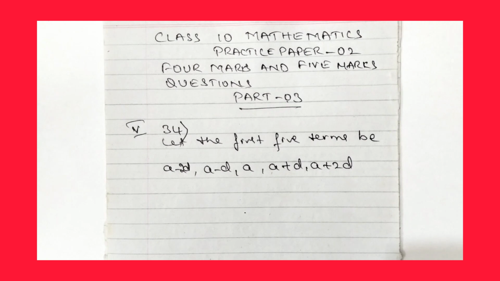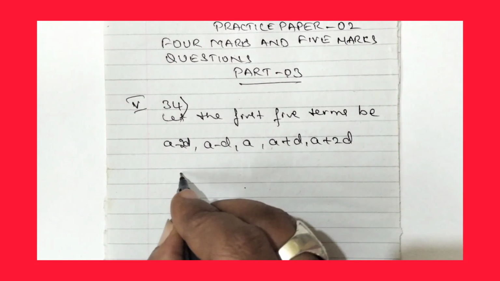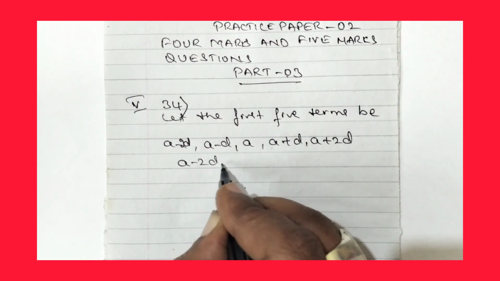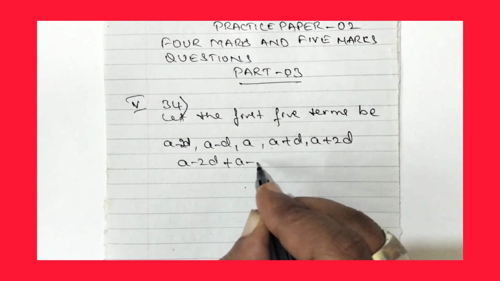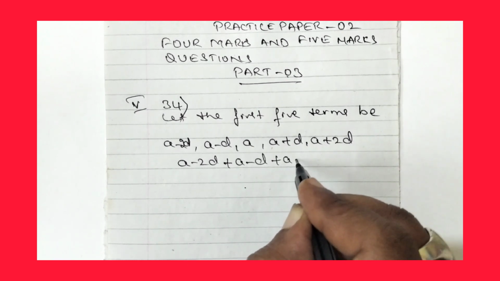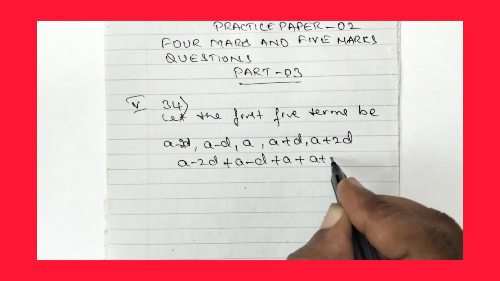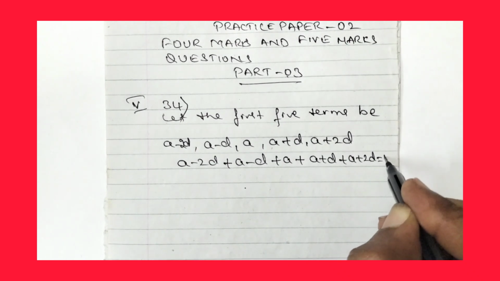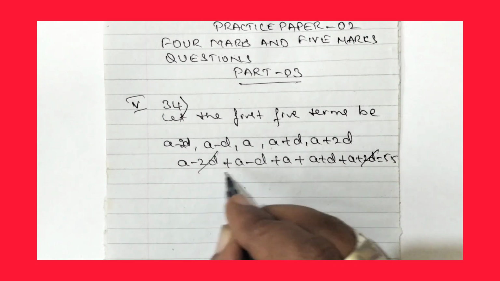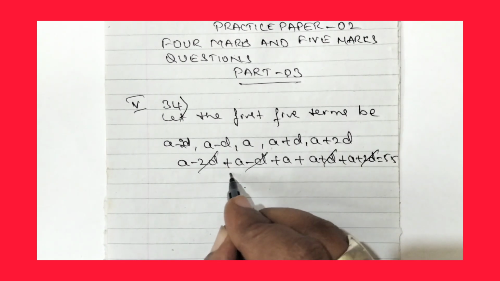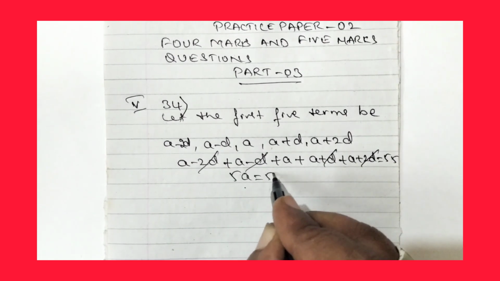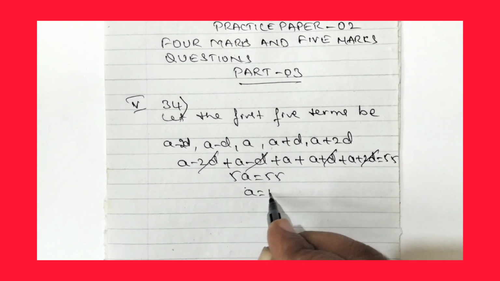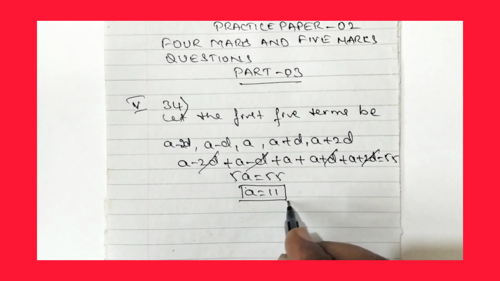These are the first 5 terms of an AP. Now add all the 5 terms, it will be equal to 55. a minus 2d plus a minus d plus a plus a plus d plus a plus 2d is equal to 55. The 2d minus 2d and d minus d cancel. So 5a is equal to 55, a is equal to 11.